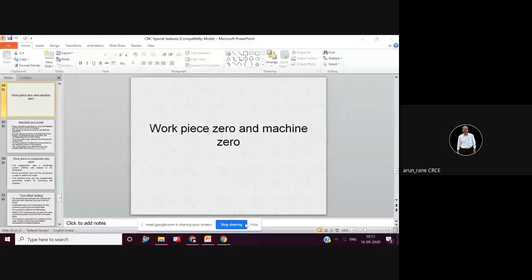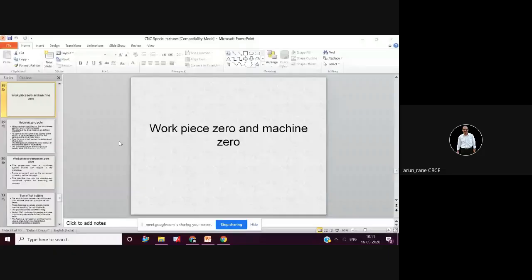There is another device, the edge finder, which is a low cost one that costs you around 800 to 1000 rupees. Most of the workshops use that edge finder, because even if it breaks, there is a loss of only 800. But if something goes wrong with the touch probe, then straight away 1.5 lakhs gone if it breaks.